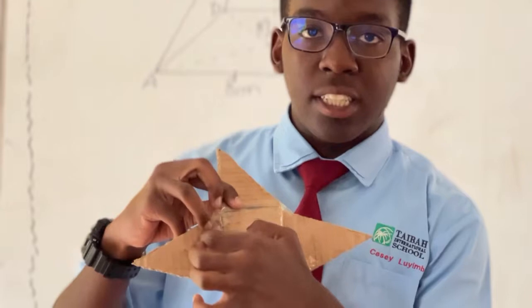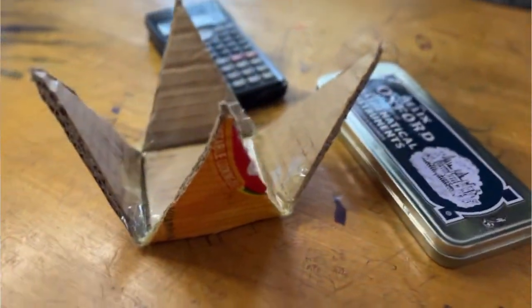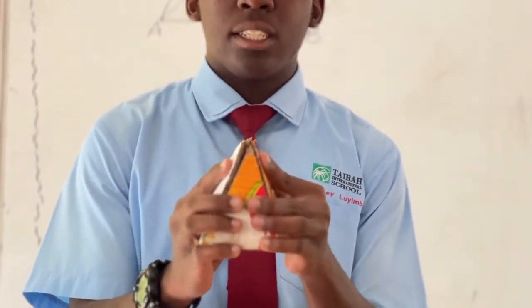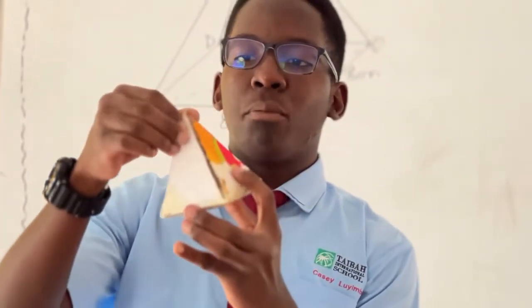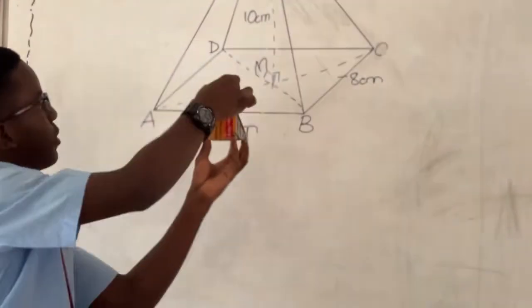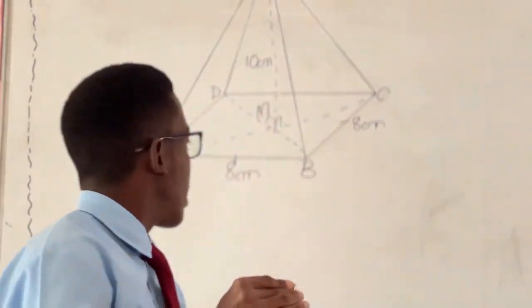This is a square base, and then these are the triangular faces, and so when we just join them like this, we're able to make the pyramid.